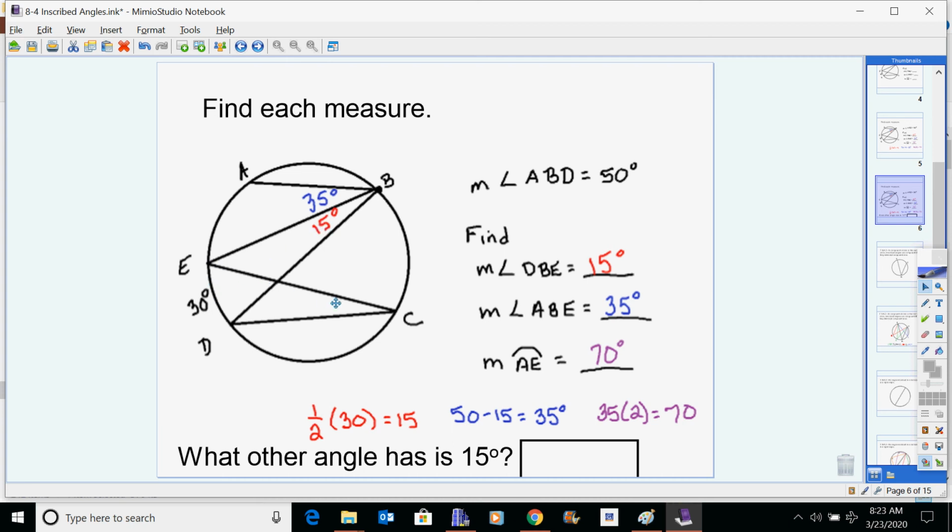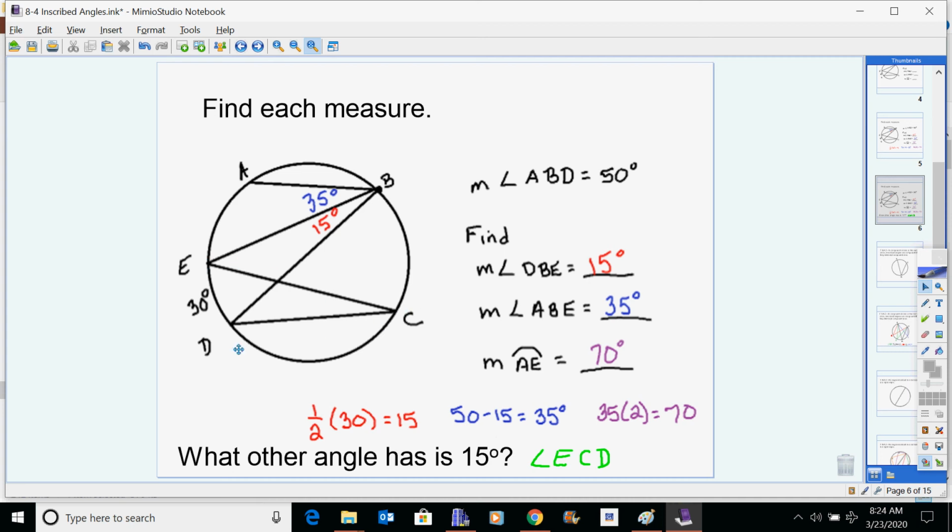So here is another inscribed angle that also intercepts this arc ED. So it would also have to have 15 degrees. So angle DCE also has a degree measure of 15.